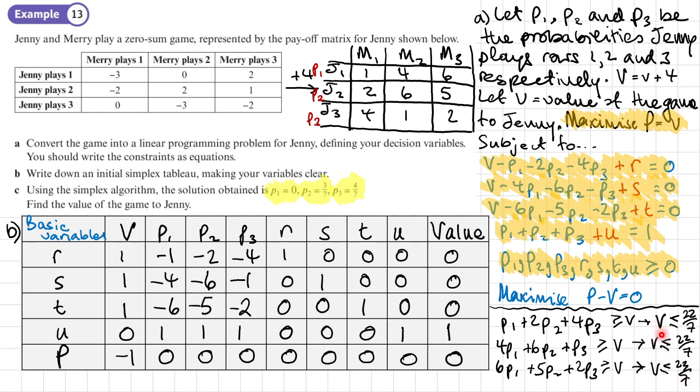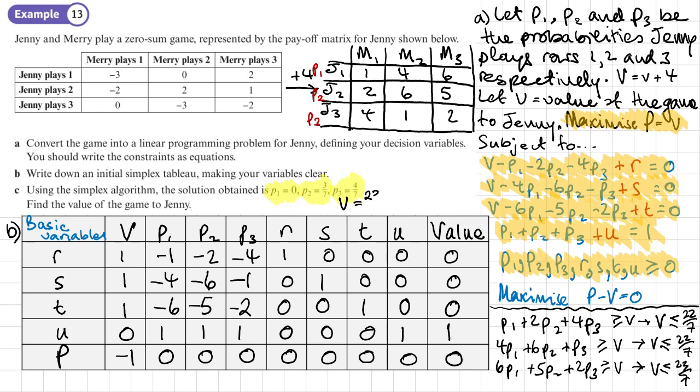So it's like the maxi-min, isn't it? Which is going to be 22/7. So the maximum of the minimums that satisfies all three is when V is equal to 22/7.